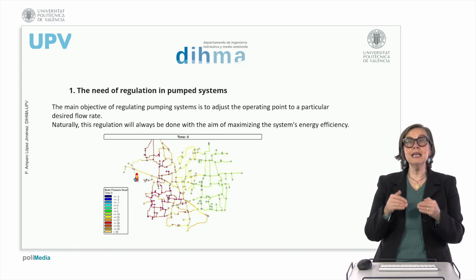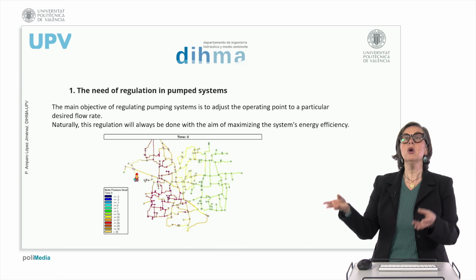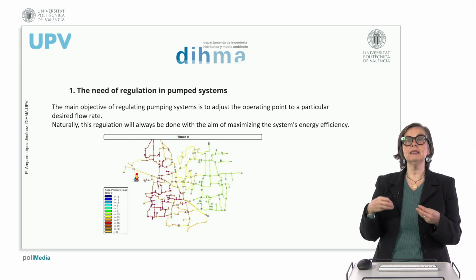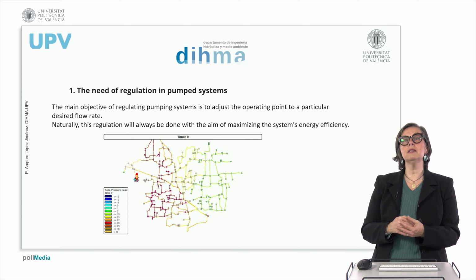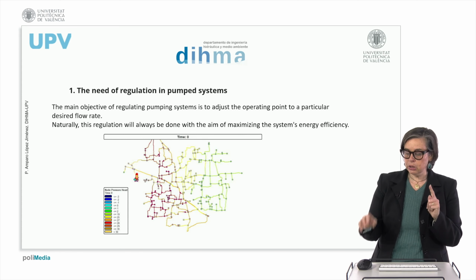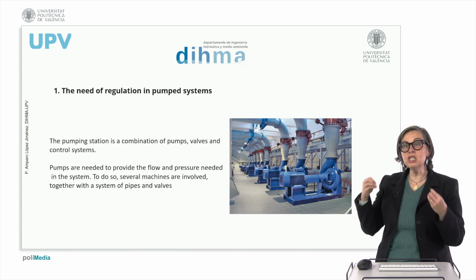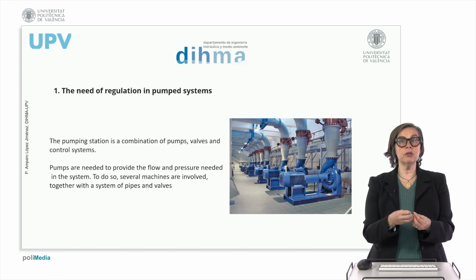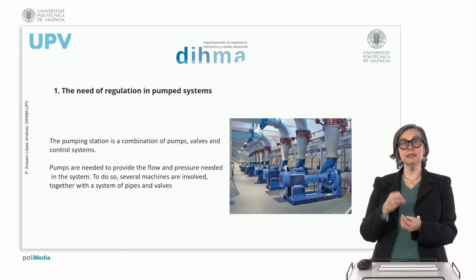This regulation must be done in a complex system, in any case, with the aim of maximizing the energy efficiency and accomplishing all the parameters required in the facility without cavitation. To do so, we must regulate with a combination of pumps in series or in parallel, because this is what we are using in our pumping station.